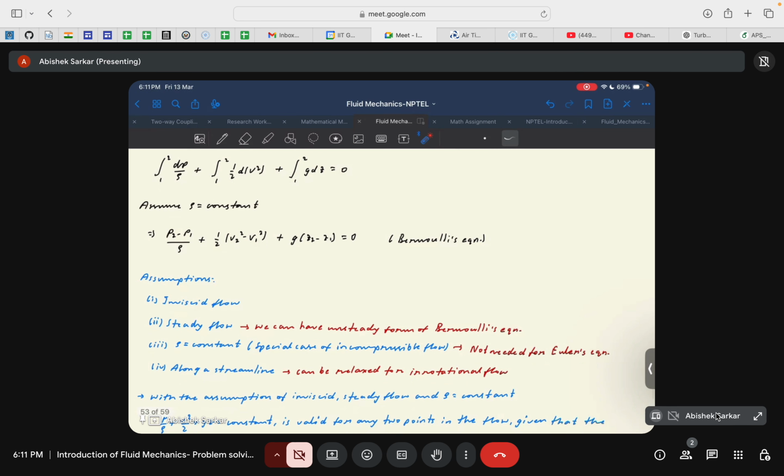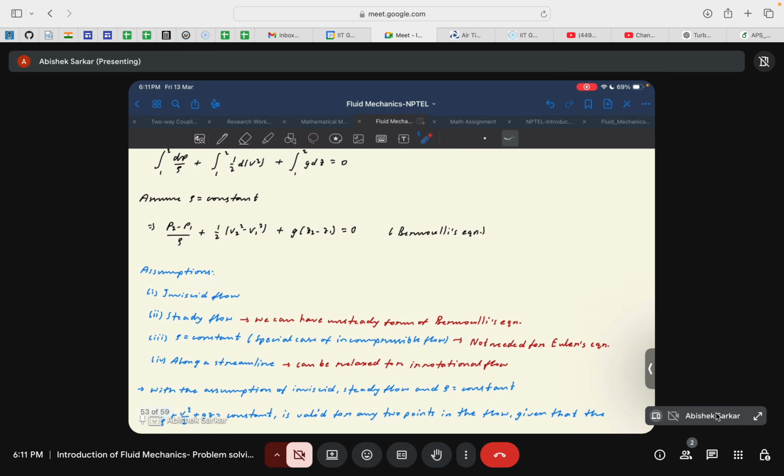So these four very important assumptions are: first, the flow has to be inviscid. We started our derivation of Bernoulli's equation from Euler's equation of motion, which itself is based upon the assumption that the flow is inviscid, so it has to be there.